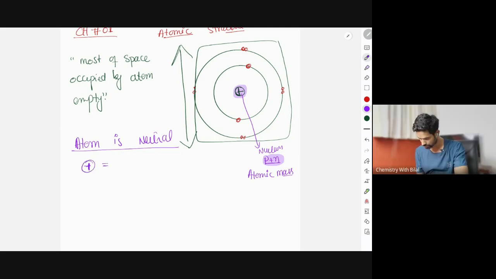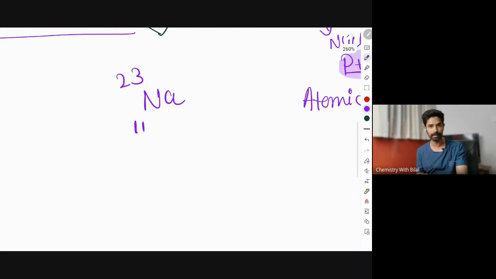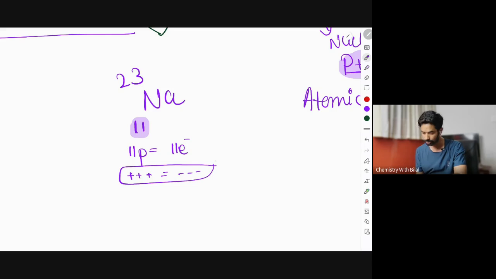Excellent. So when you look at any particular atom, let's talk about sodium, atomic number 11 and mass number 23. There is no charge on this particle. It is because the proton number, which is the number of protons, is the same as the number of electrons. So as many positive particles as we have, we have exactly the same amount of negative particles. So the atom is overall electrically neutral.